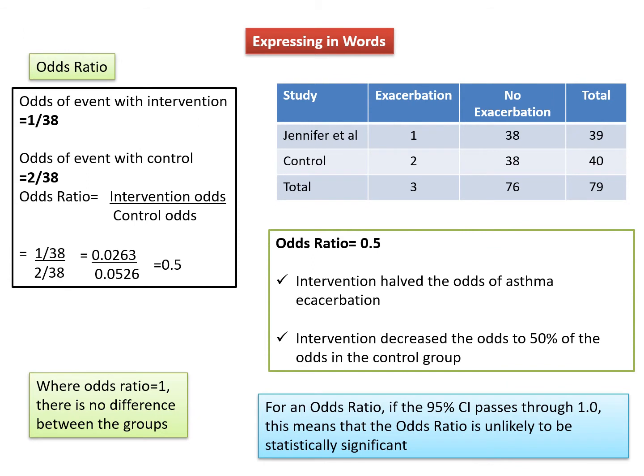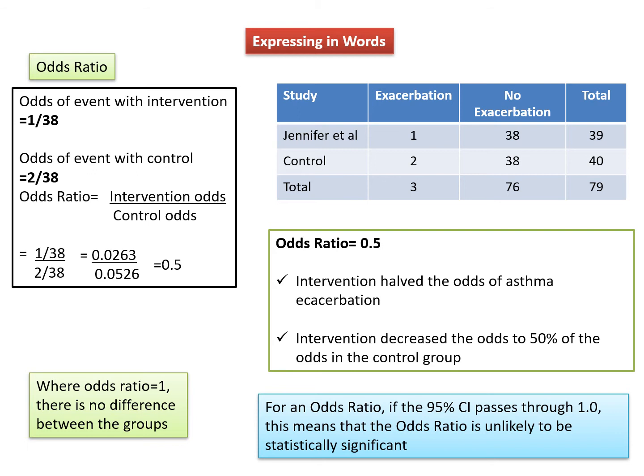Let's now move on to a different example to explore odds ratio. So in this example, we are analysing the impact of an intervention on the number of patients presenting with exacerbation of asthma. So the odds of the event with the intervention is 1 out of 38. Odds of the event with the control is 2 out of 38.